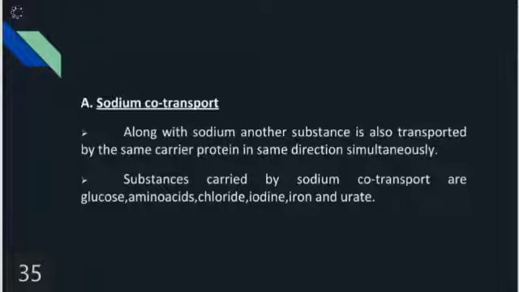First, sodium co-transport. Along with sodium, another substance is also transported by the same carrier protein in the same direction simultaneously. Substances carried by sodium co-transport are glucose, amino acids, chloride, iodine, iron, and urate.